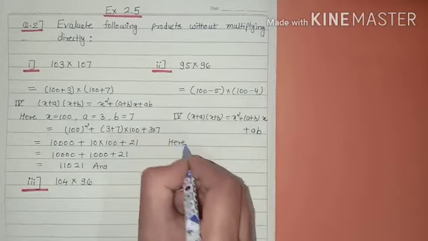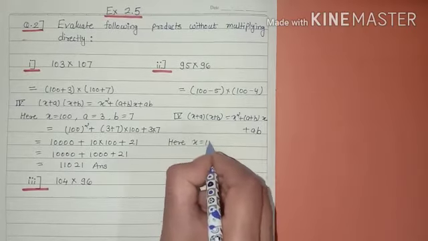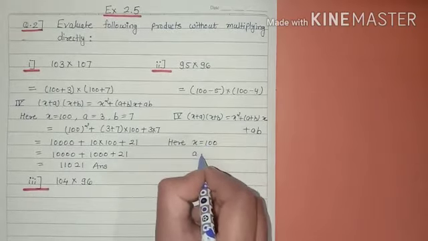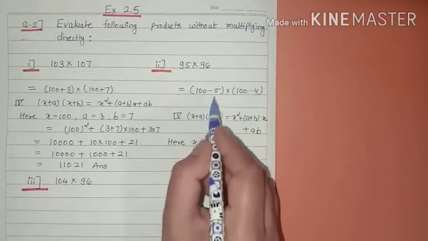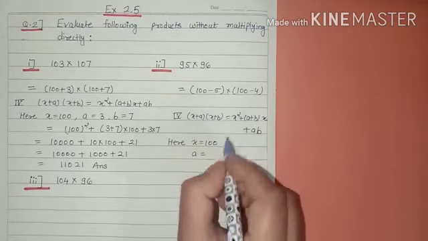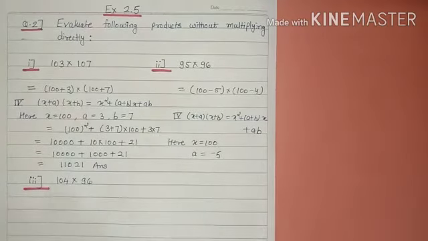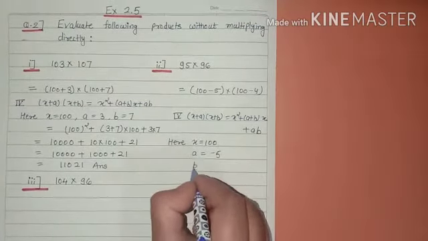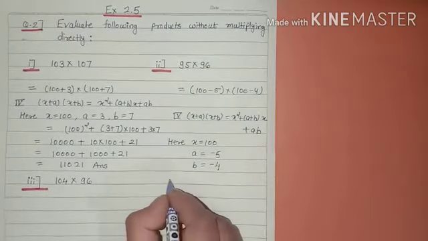Here again we will compare, then we will find the values of x, a and b. The value of x here is 100. The value of a here, as you can see, student, has a negative sign. It means when you compare you have to take the minus sign also. So the value of a will be minus 5 and the value of b will be minus 4.